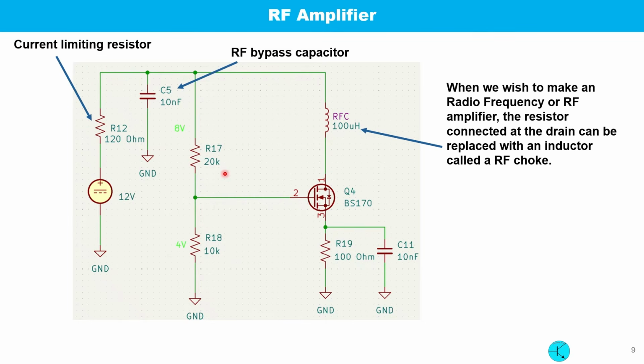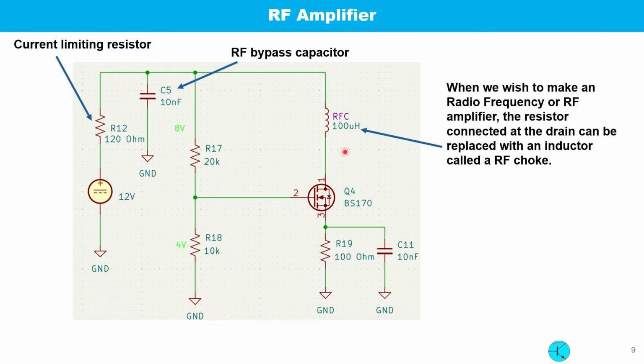If we wish to make an RF amplifier, we need to make some changes to the circuit. In place of the resistor connected at the drain, we can use an inductor, as it prevents or attenuates the generated radio frequency from going back to the power rail. It is also called an RF choke.